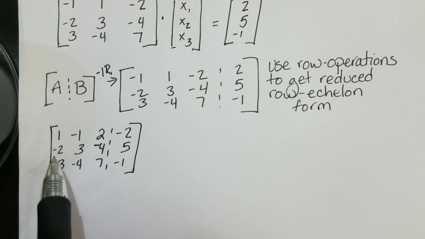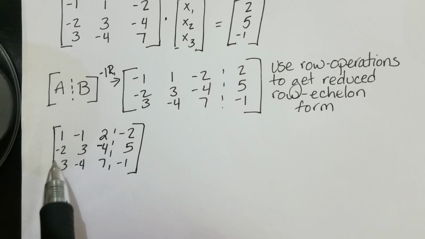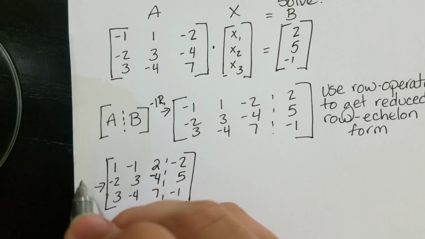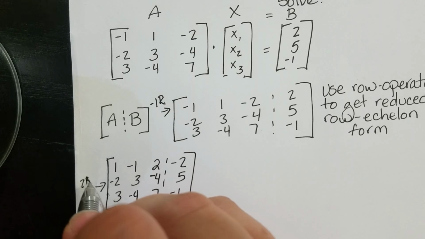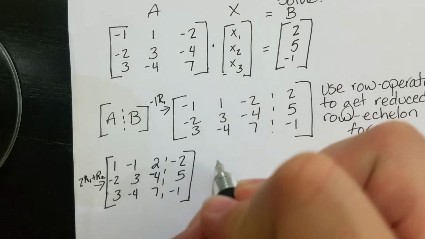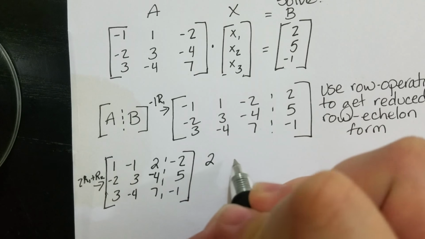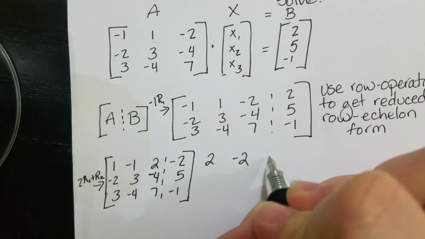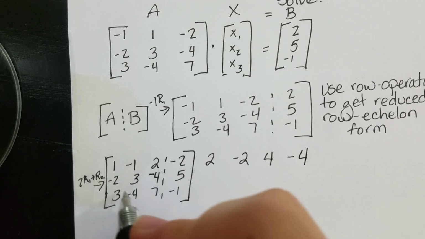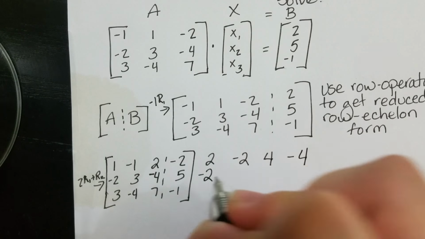All right, now I want to eliminate the -2. So in this case, I'm going to do 2 times row 1 plus row 2. And so I'm going to have 2, -2, +4, -4. And then down here, I'm just going to rewrite this one.